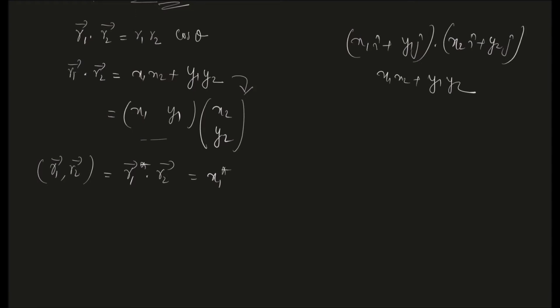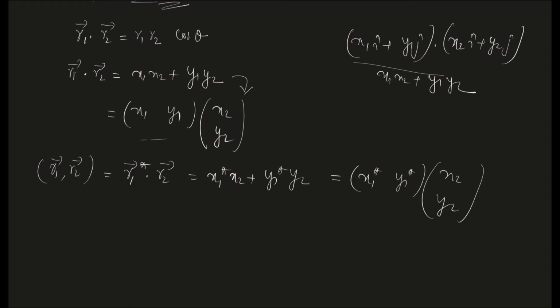If you take the complex conjugate of the first entry here, what you get is x1 star x2 plus y1 star y2. Then in matrix form you can write it as x1 star y1 star, then x2 y2.